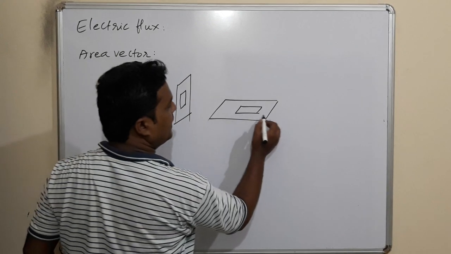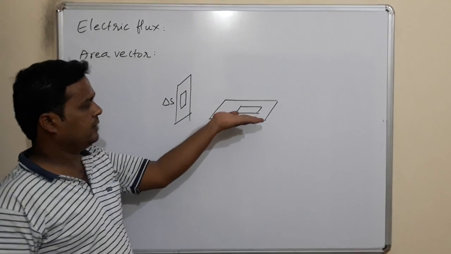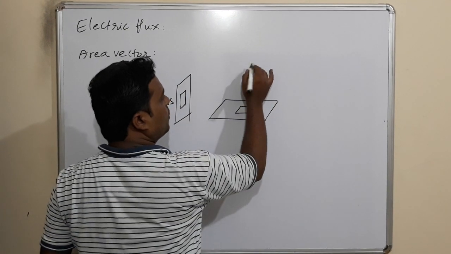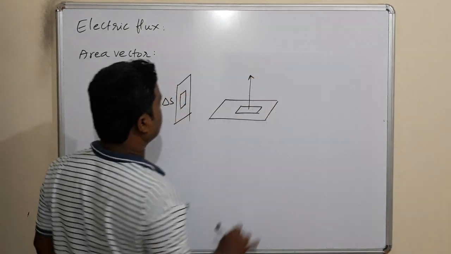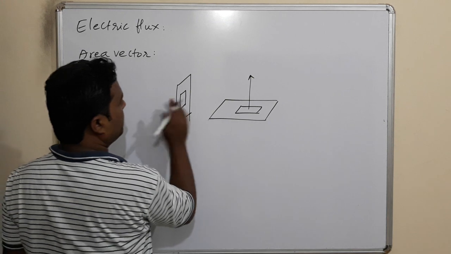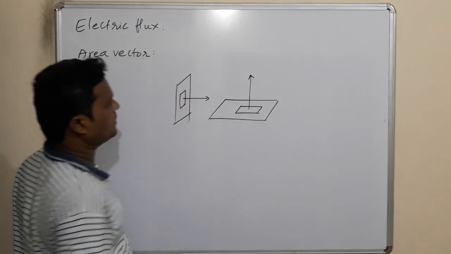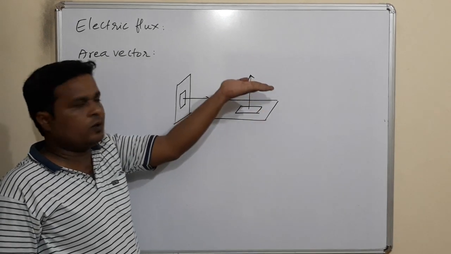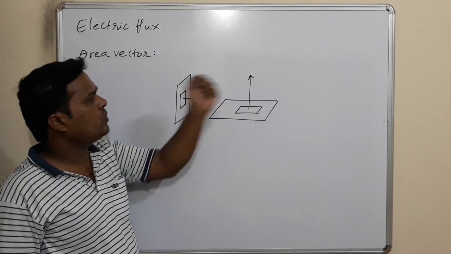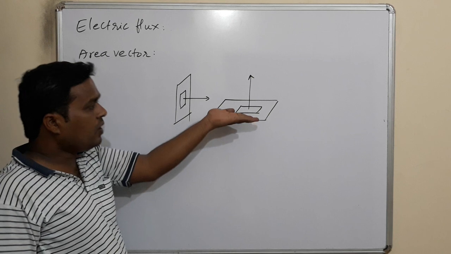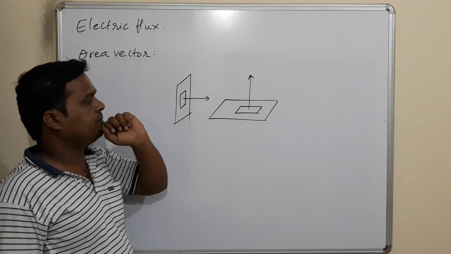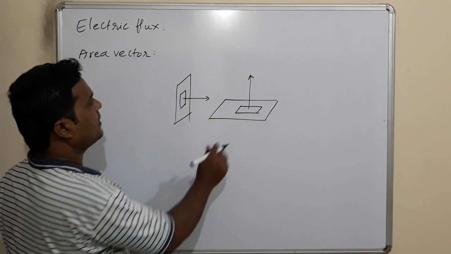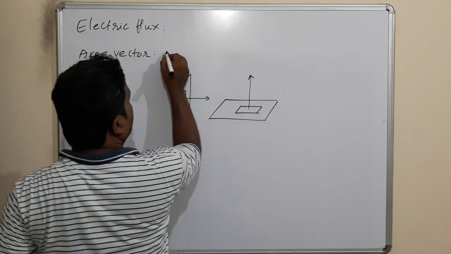If I say this area is delta S, and I draw a line which is perpendicular to this area, a line drawn normal to a given surface or normal to a small portion of the surface, this line is called the area vector.